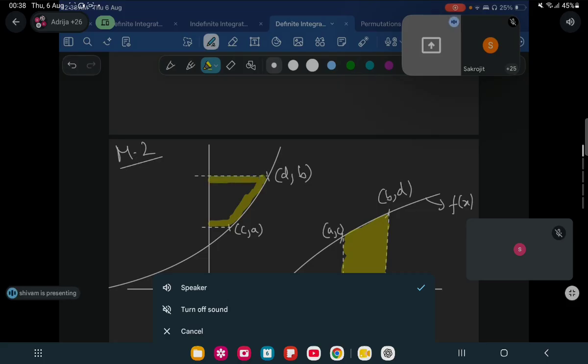If you are unable to visualize, let me know, I'll explain. These two areas will be congruent to each other. Although from my diagram it is not looking like they are congruent, you people can understand that if this area is A, then this area is also A. Right? Ujan, Sokrit, Ritam, are you getting? Yes, sir.